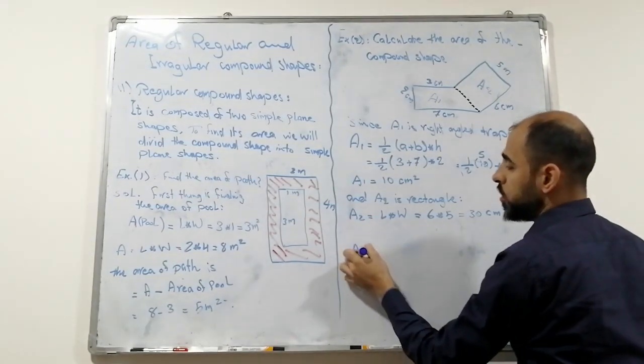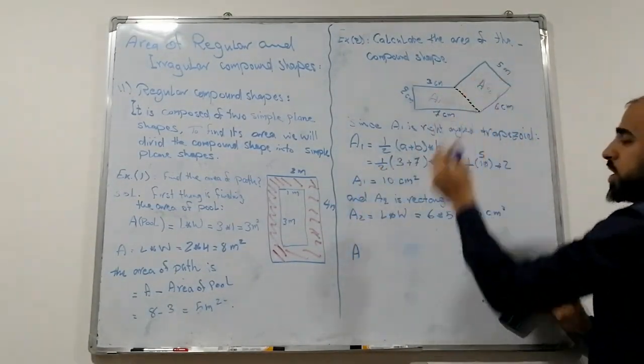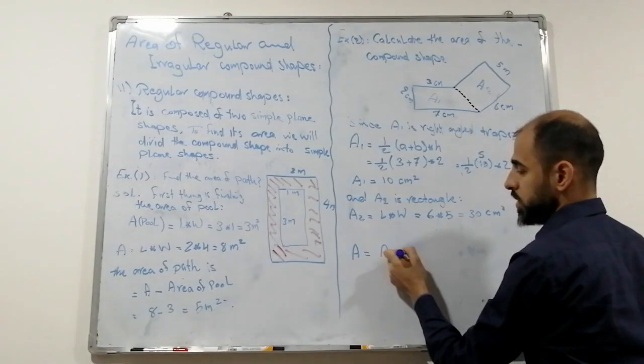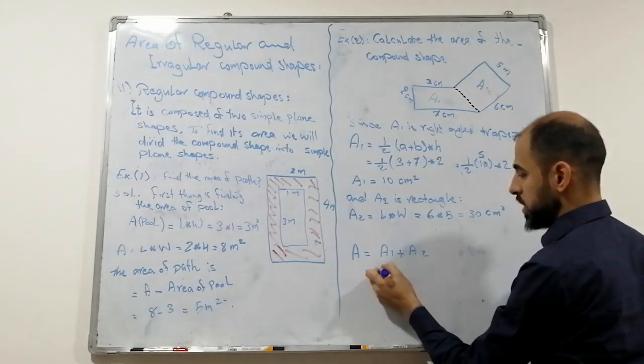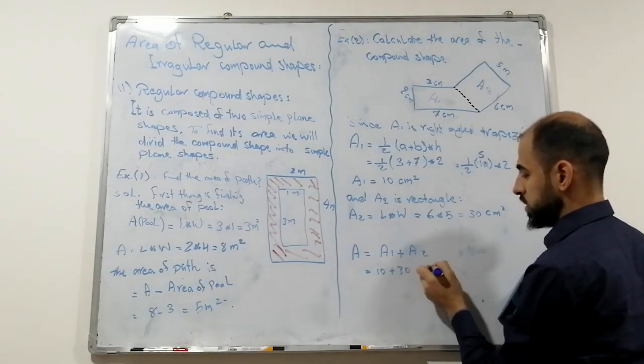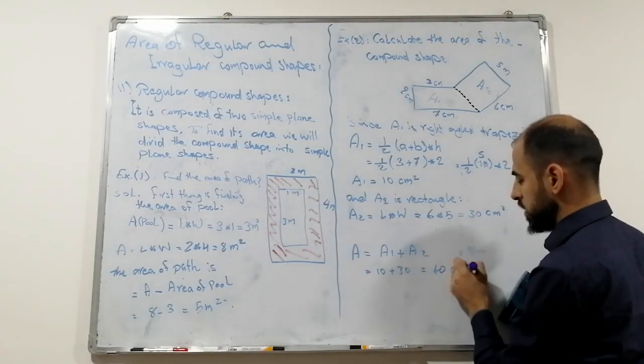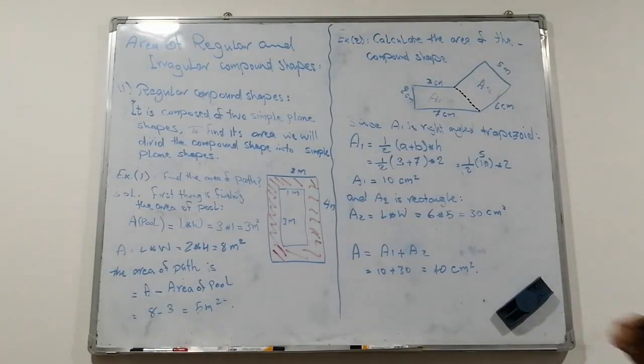So the area of the whole compound shape A equals A1 plus A2, 10 plus 13, which is equal 40 centimeter to the power 2.